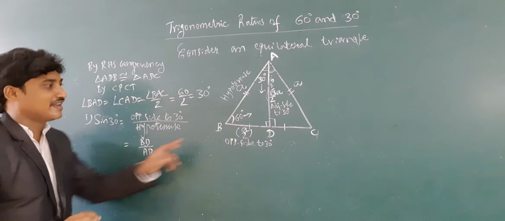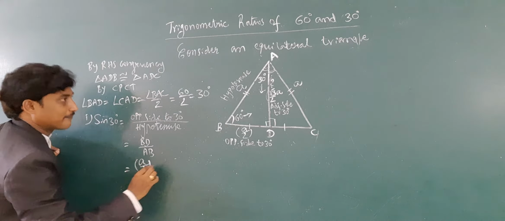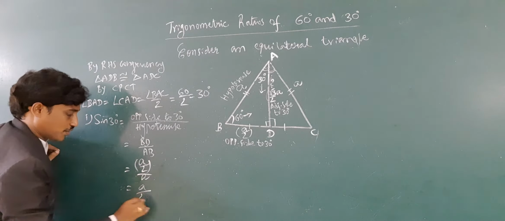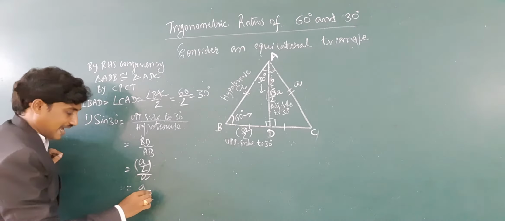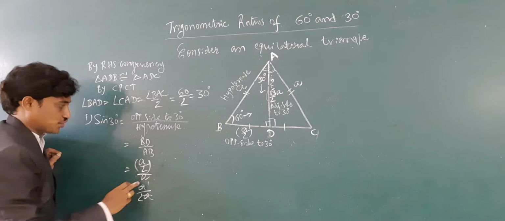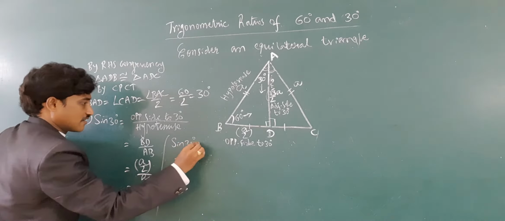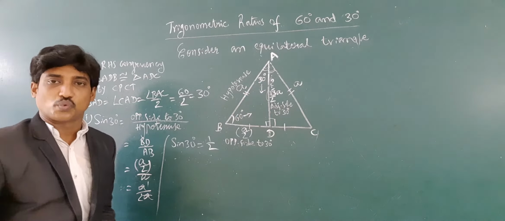So BD length is A by 2 units, A by 2 by AB length is A units. That is nothing but A by 2A. So A in A gets cancelled one time, so 1 by 2. So sin 30 degree is 1 by 2.